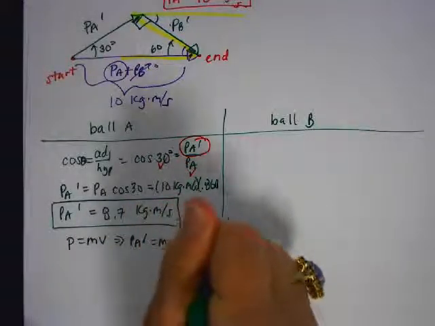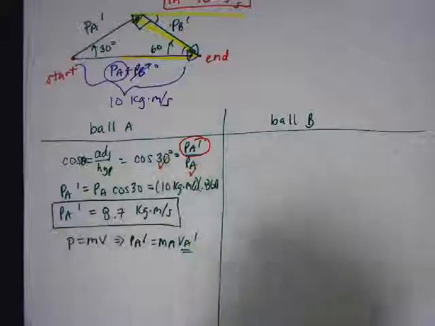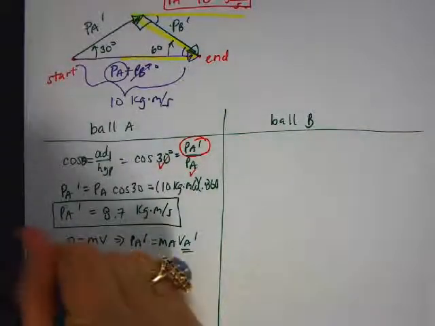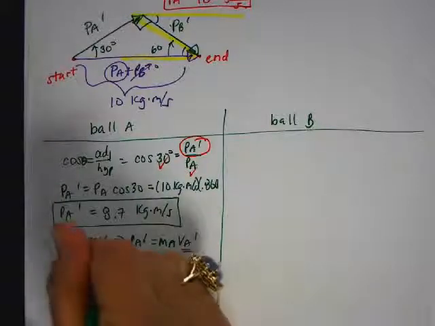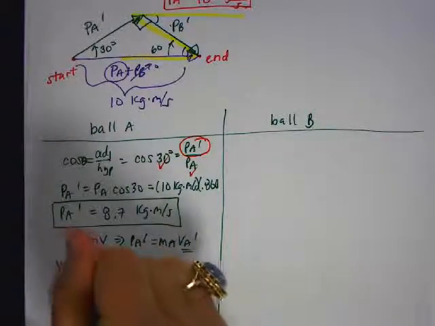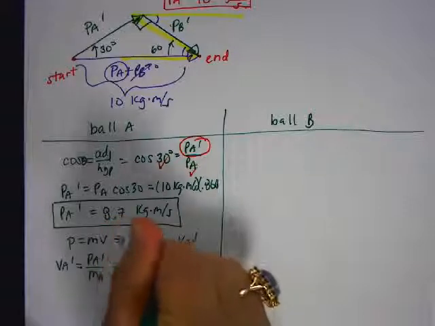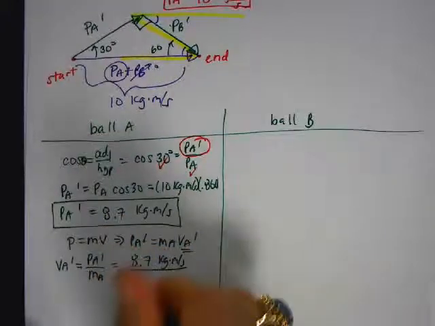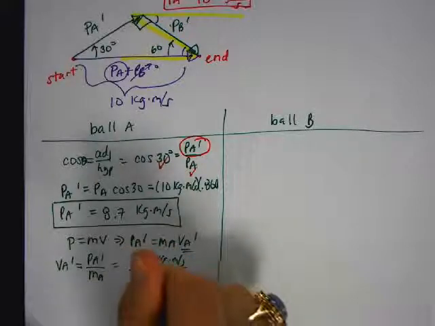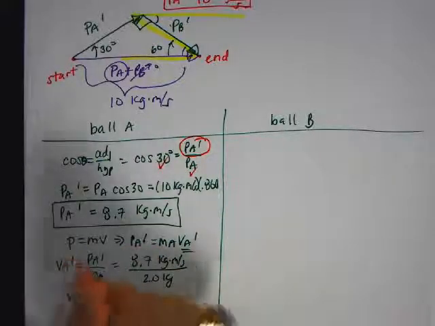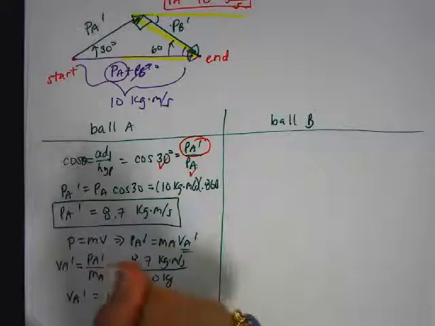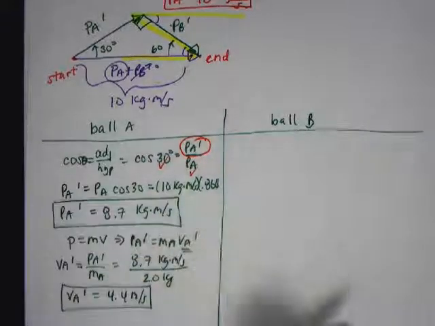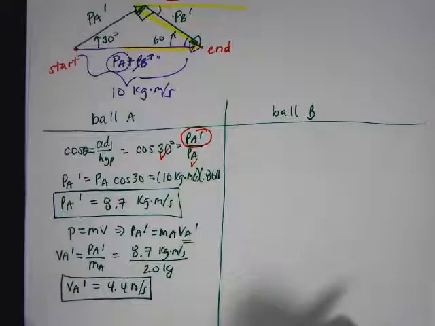So I'm going to rearrange the equation and say that VA prime is equal to PA prime over MA. So it's 8.7 kilogram meters per second divided by 2. So VA prime ends up being 4.4. And that's it.